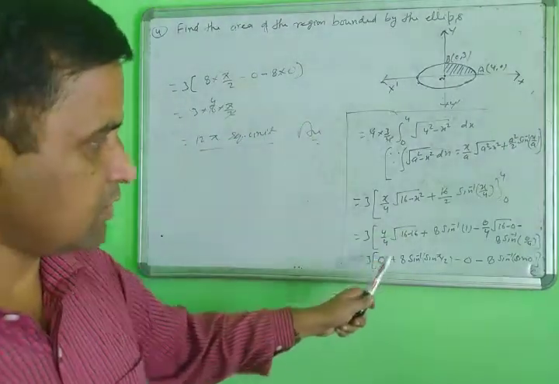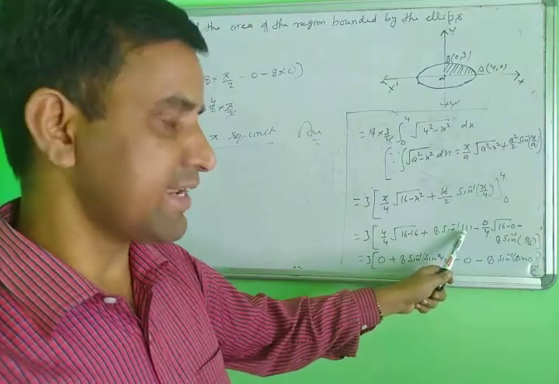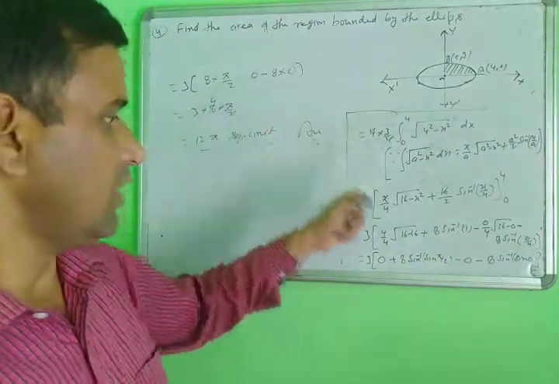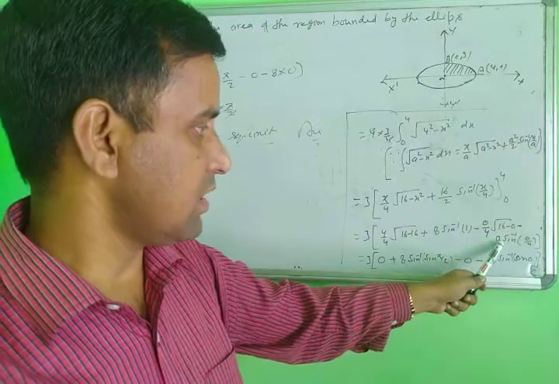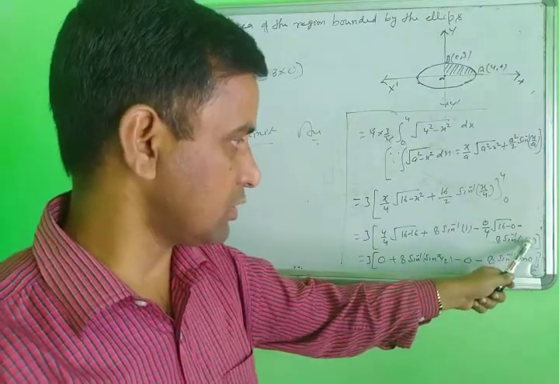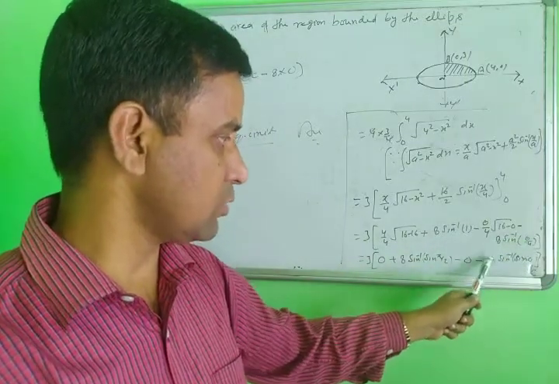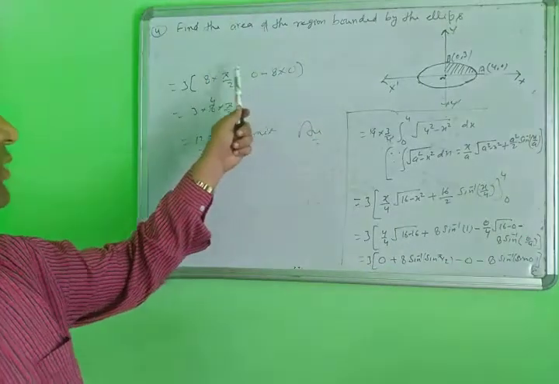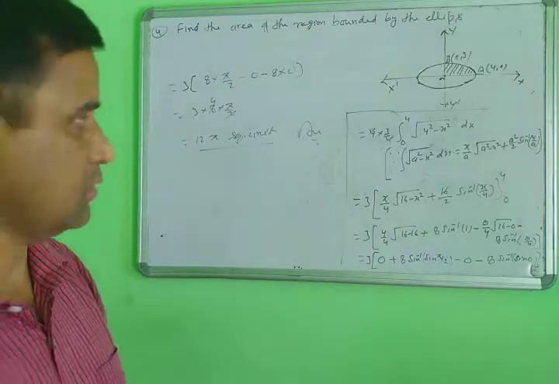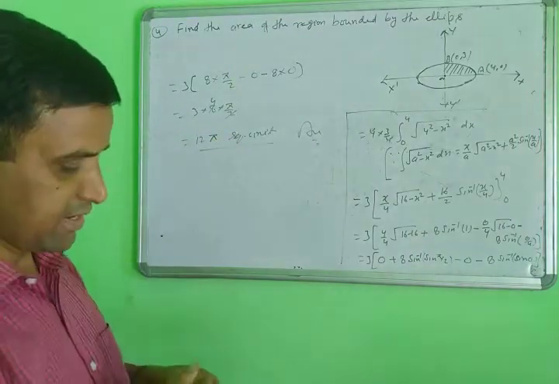This portion is already 0, and sin inverse 1 is pi by 2. The 8 sin inverse 0 portion is also 0, because sin 0 is 0. So only this portion is left, and calculating gives 12 pi. This is your final answer.